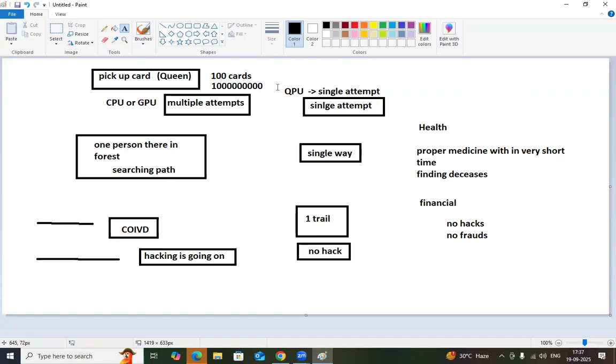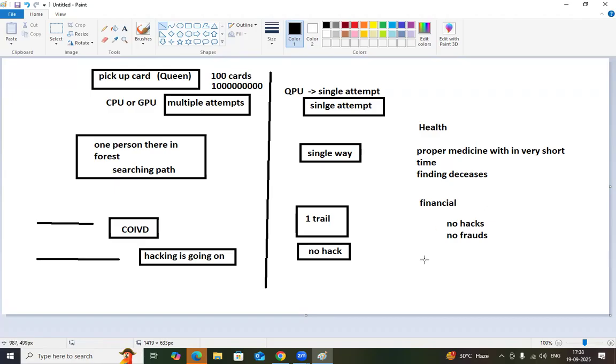I hope everybody understood what the major part of this is going to do in real time. I'm just giving some simple examples. What is the difference between CPUs and QPUs? I want to draw the line here: how CPUs fail at finding medicine and fail against cyber attacks.